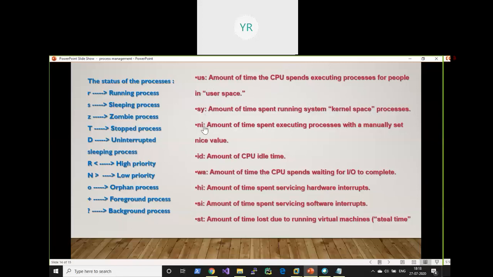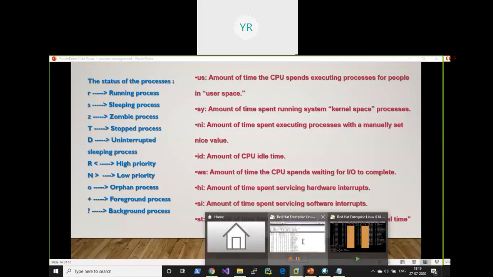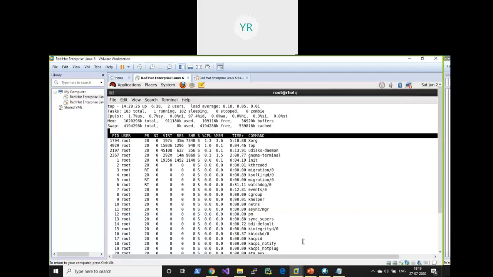The third parameter is ni. Ni is the amount of time spent on executing processes with manually set nice value. In the previous session you have seen nice. What is a nice value? If you want to prioritize your process, you can change its nice value by using the renice command if it is a running process.